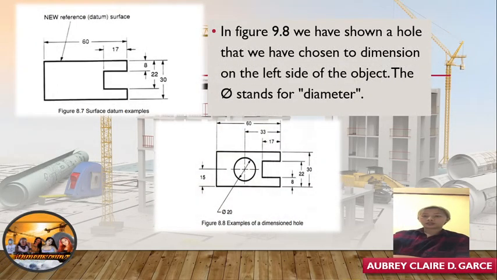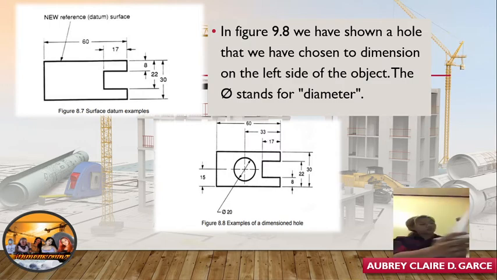In this figure, we have shown a hole that we have chosen to dimension from the left side of the object. This stands for diameter. This sign is what we call position tolerance.